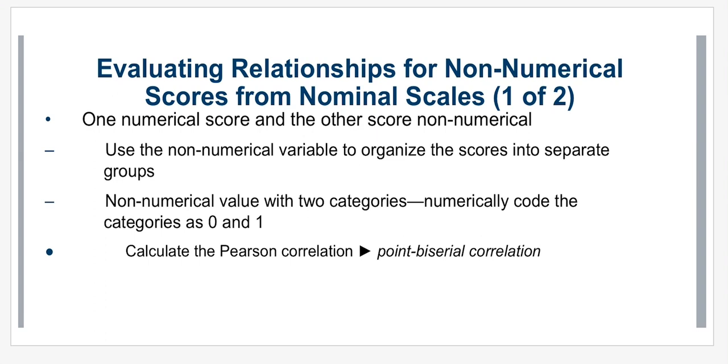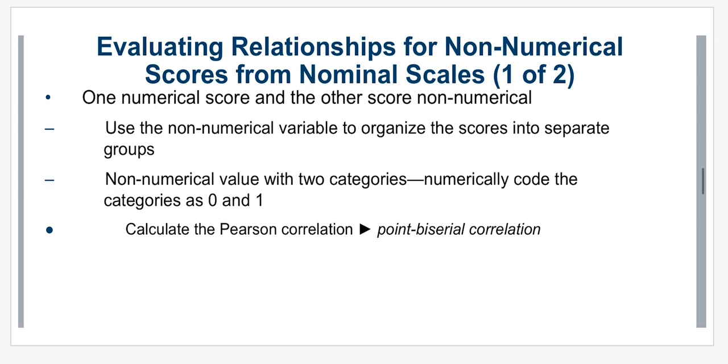You can't actually use those characteristics or descriptives for this kind of correlation, because the 0 and the 1 code is arbitrarily assigned. It is not a true score. So you can't evaluate it the same way. So that's the downside to that.